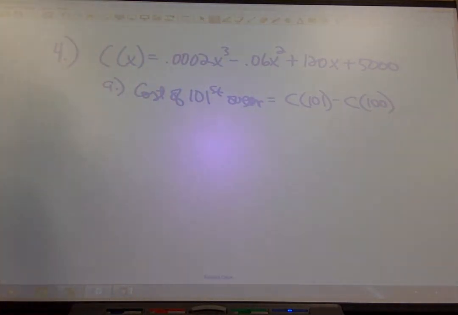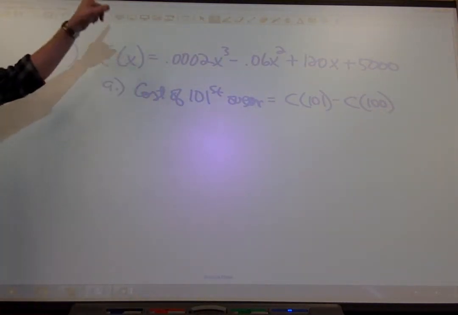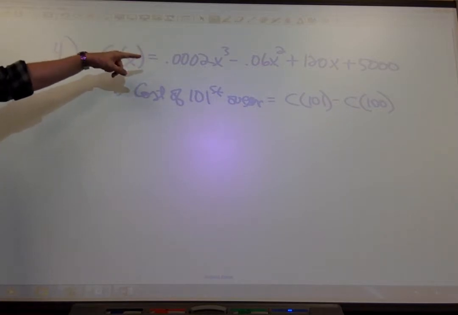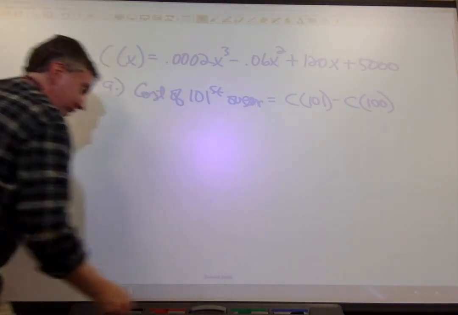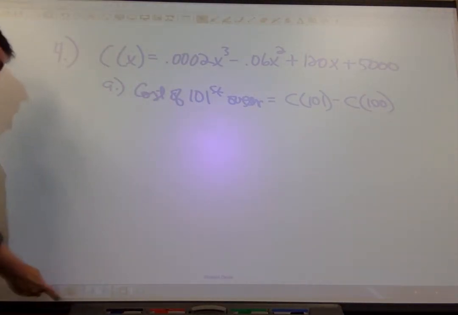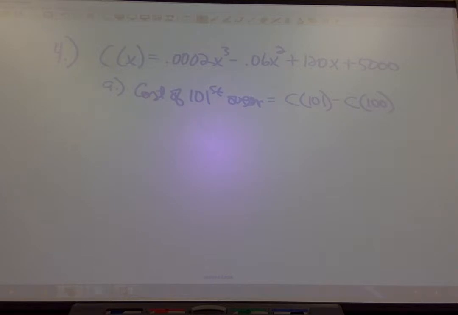Would that make sense? If you said, what's the cost to make 101 ovens, and then you subtracted the cost of 100, that would be just the cost of the 101st, wouldn't it? Well, I'm going to be real lazy and enter that into my calculator in line Y1, and we'll use our table for that.